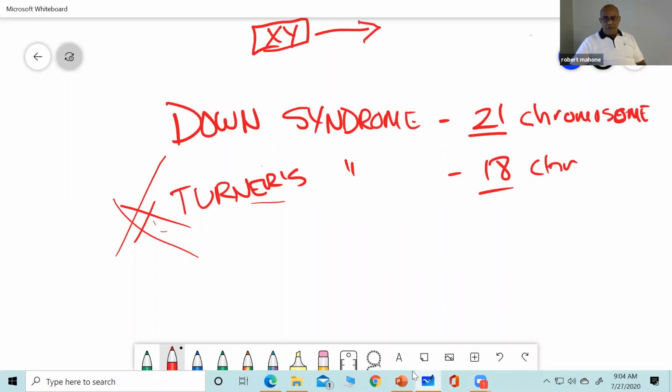Blue-green color blindness happens at the X chromosome. Can that be passed to your children? Yes. Cystic fibrosis also happens at the X chromosome. Hemophilia, blue-green color blindness, cystic fibrosis, all of these happen at the X chromosome, and those are the diseases that can be passed to your children.